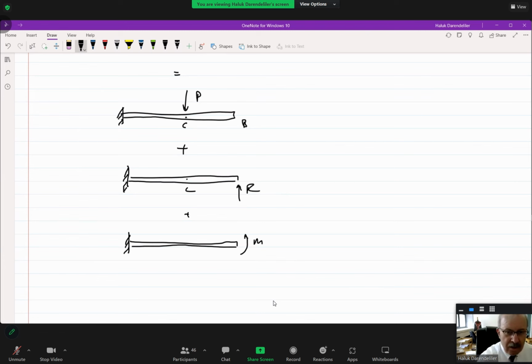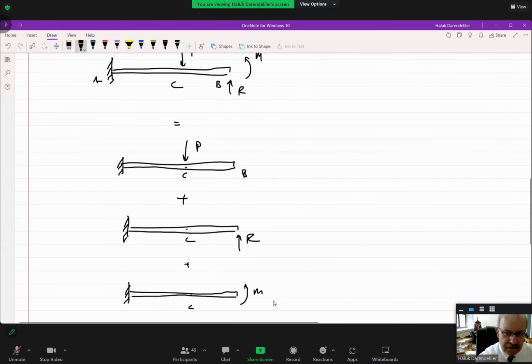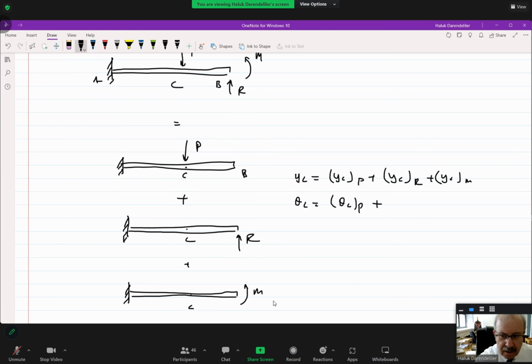Now, when you look at these, and this is point C, for example, we know that, say that you solve these, the deflection of point C is the deflection of point C because of point load, plus the deflection of point C because of R, plus the deflection of point C because of moment. Or theta C is the slope of point C because of P, the slope of point C because of R, and the slope of point C because of moment.